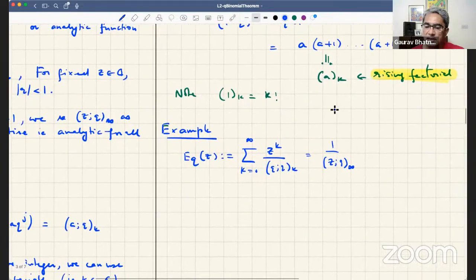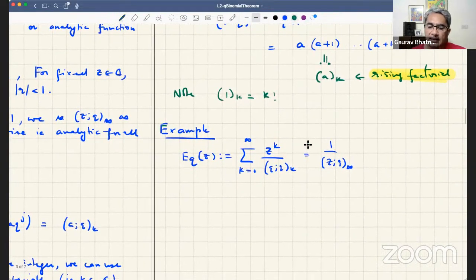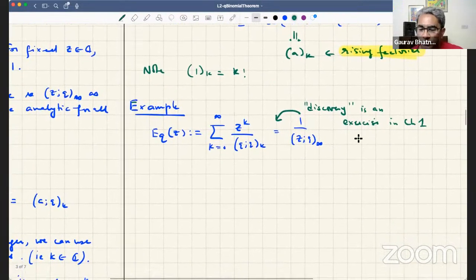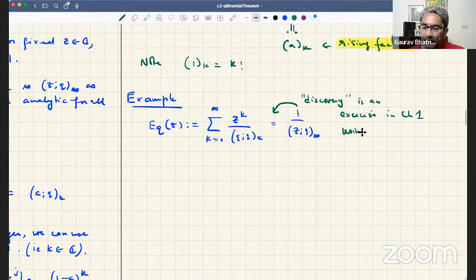This is a result of Euler, and how to discover this equality is an exercise in chapter 1, using Euler's trick.